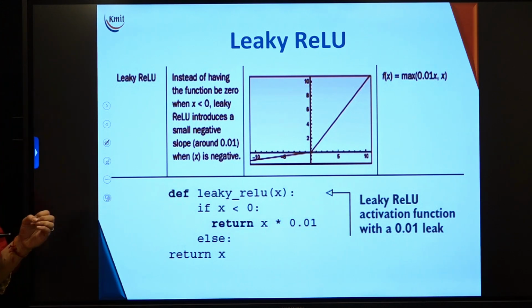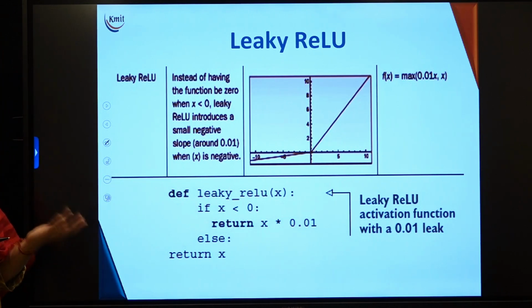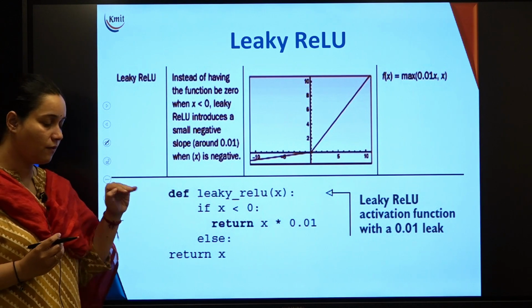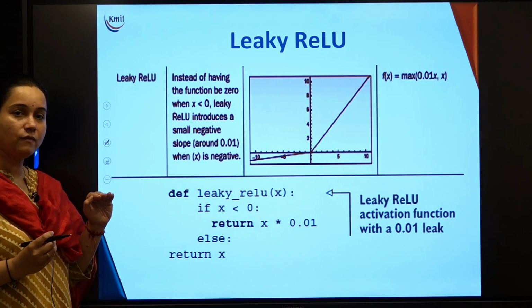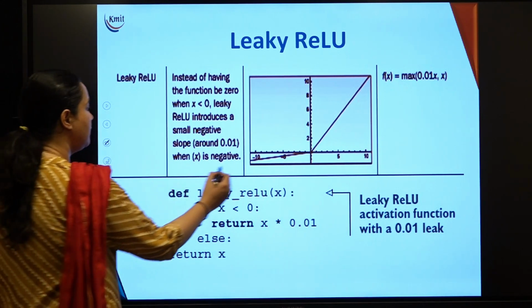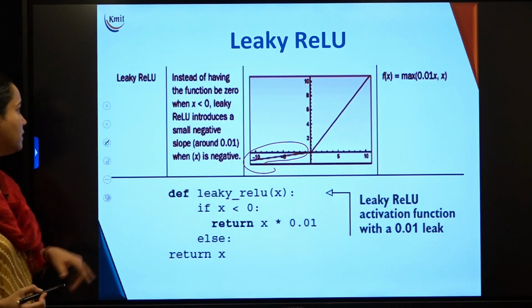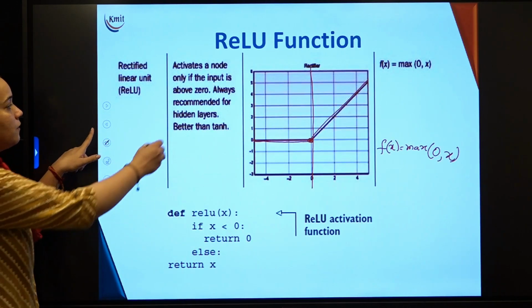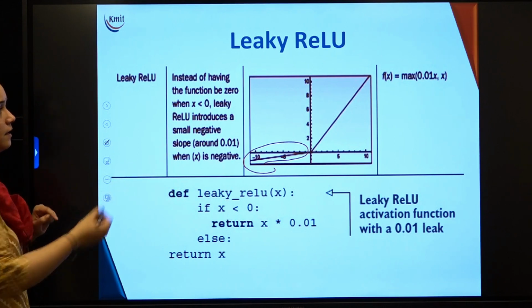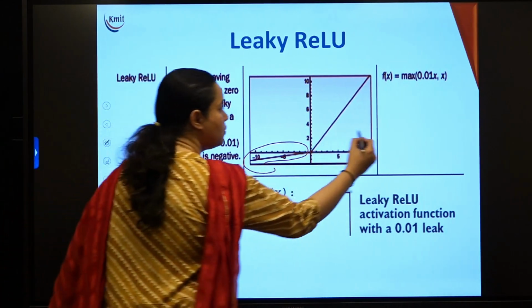So we are not drastically putting the output as 0 when the input is negative, but making it a more realistic version wherein you give a small value of 0.01. You can see a little change in the slope here: previously you had a straight line, here you have a little slope. That's why the mathematical function also changes.